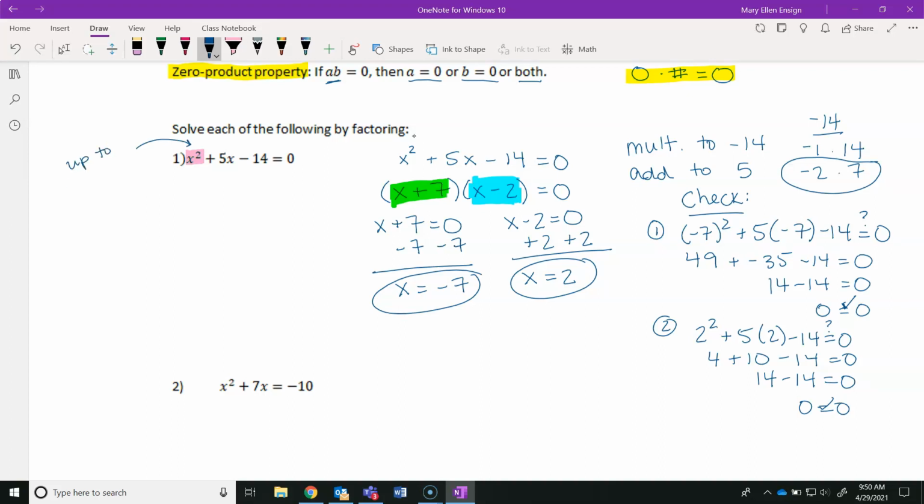So in this case, we're going to have up to 2 solutions, okay? And we did have 2 in this case. If I had x to the third as my highest exponent, that equation could have up to 3 solutions. If I had x to the fourth, that equation could have up to 4 solutions, okay? So let's see why that is for a minute here.